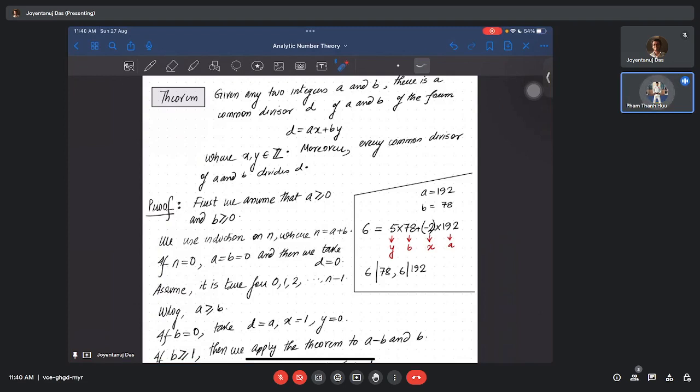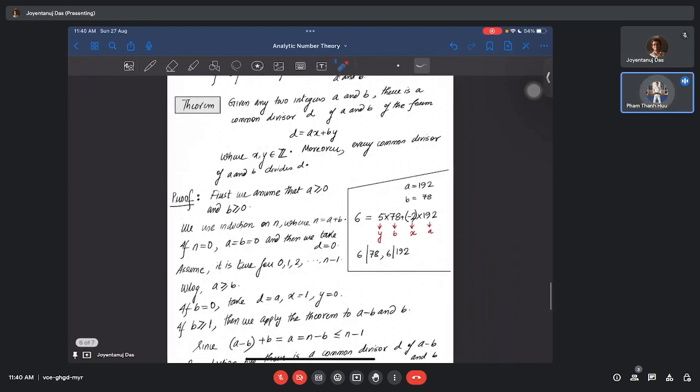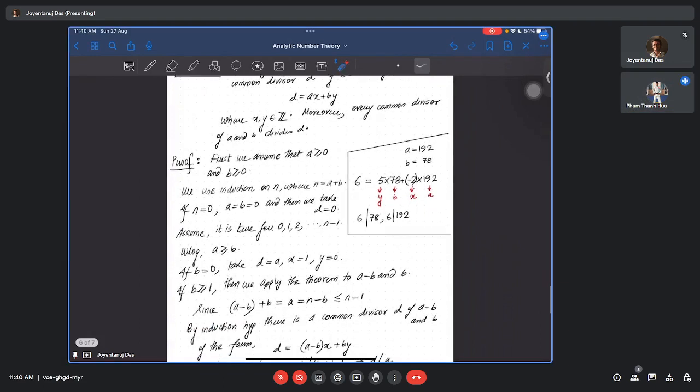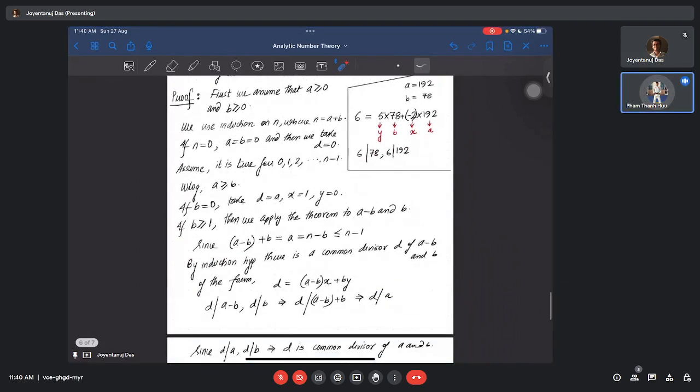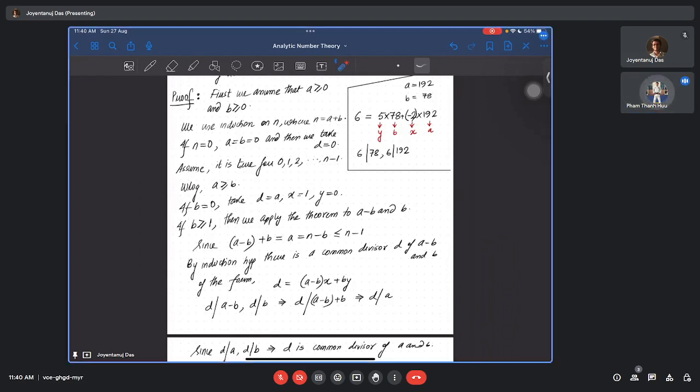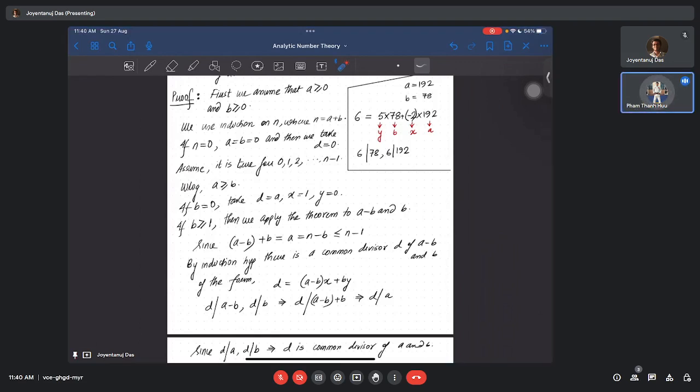First, I got it. But I am confused about the proof. We get D is a common divisor, and the other thing is also a common divisor.